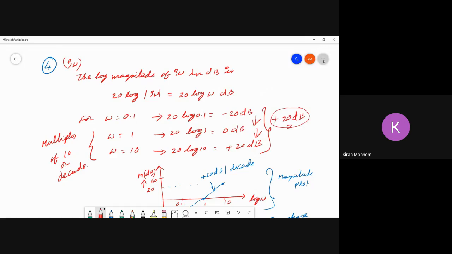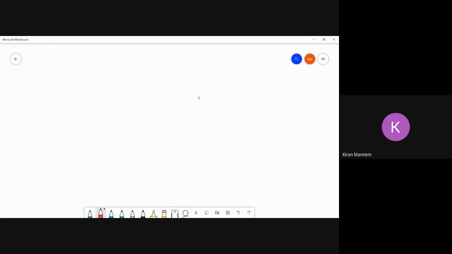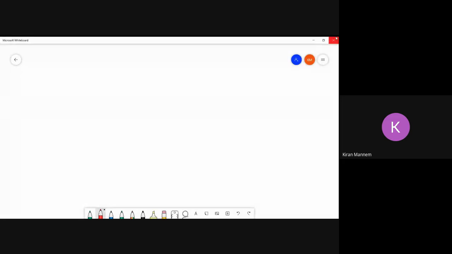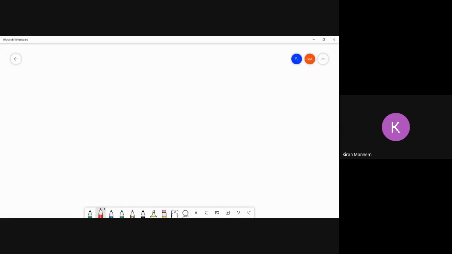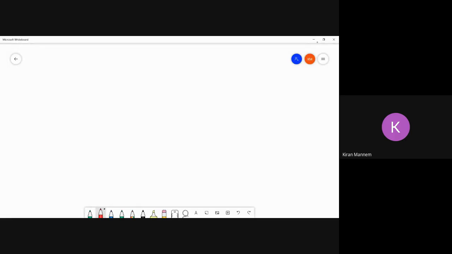So let me clear this board. So let us draw the fourth one, that is zero at the origin. What is the log magnitude of jω in dB?